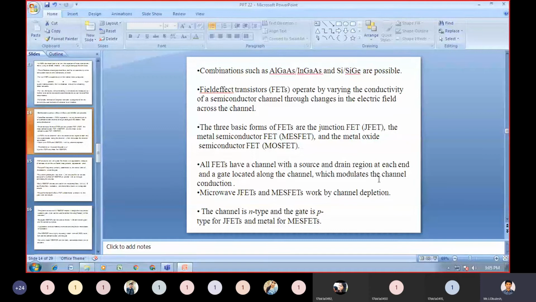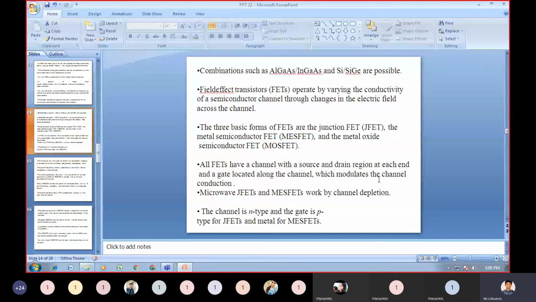You need to remember JFET, MESFET, MOSFET: junction field effect transistor, metal semiconductor field effect transistor, and metal oxide semiconductor field effect transistor.